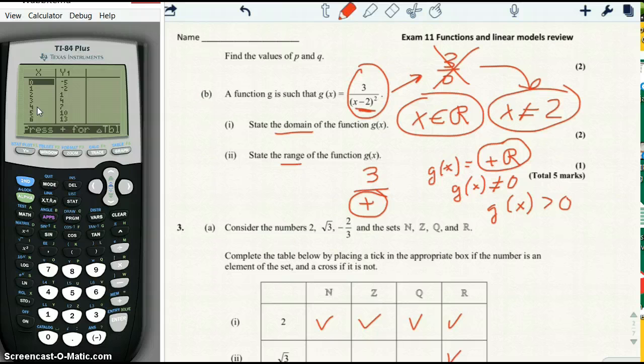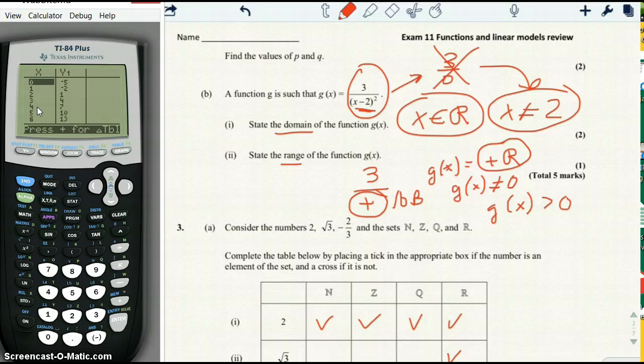No matter how big you make the bottom, you can never make g into 0, because, let's say you make the bottom into 10 billion. Even if you put 10 billion here, this would still be a really, really small number, but it wouldn't be 0, right?